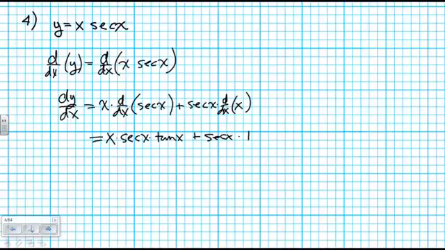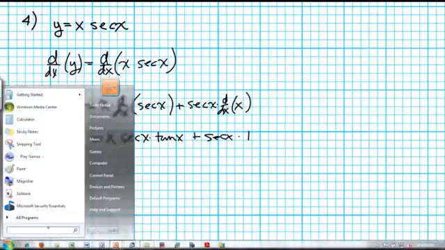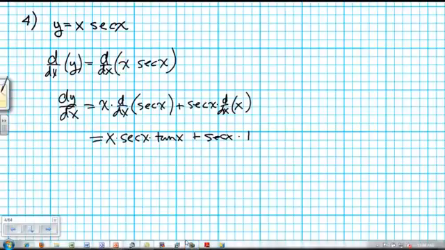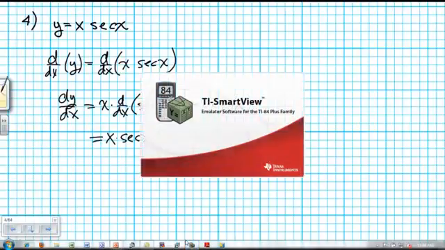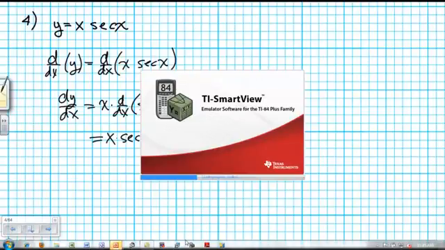Now, in this case, it's probably worth our while to take a look at the other part of the instruction, which is to confirm this graphically. So I'm going to switch over to my calculator and confirm graphically that this function has this particular derivative.